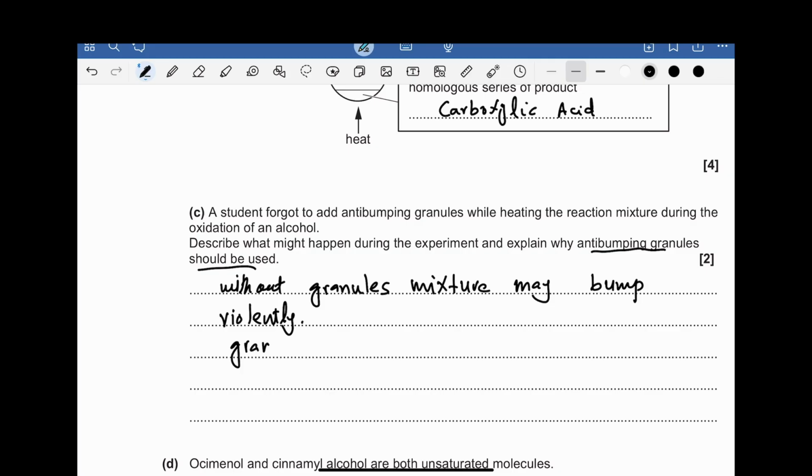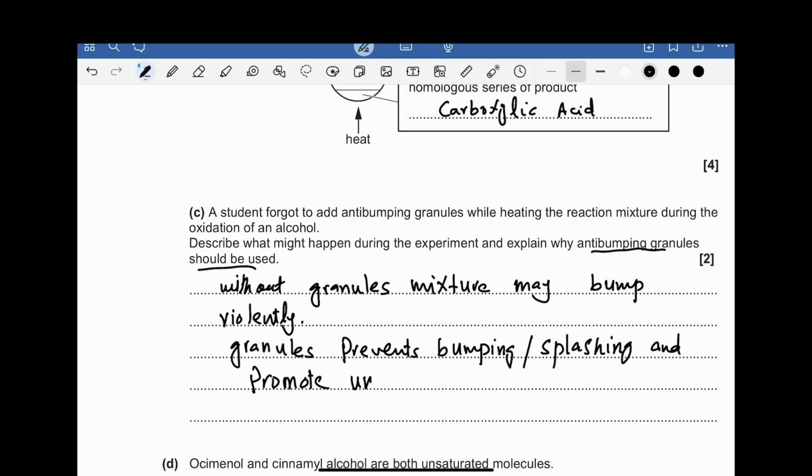Granules prevent bumping, splashing, and promote uniform boiling.